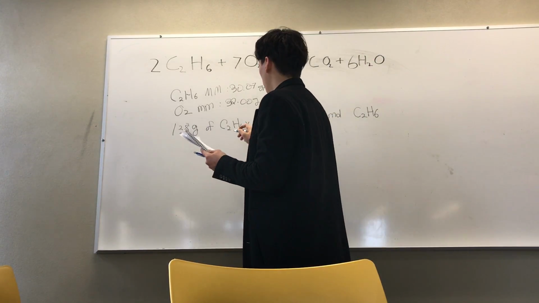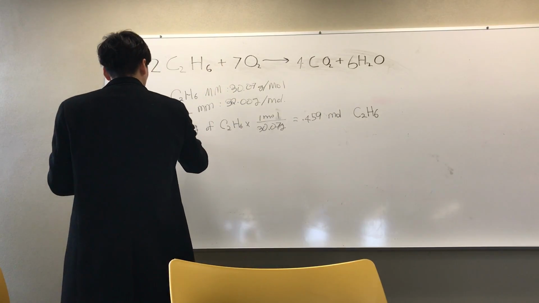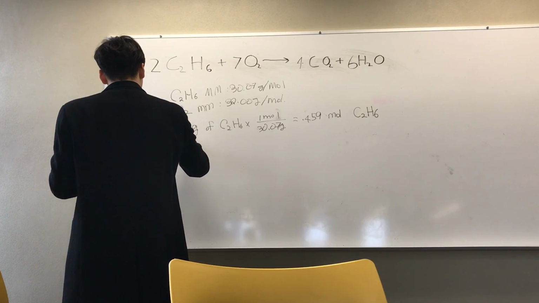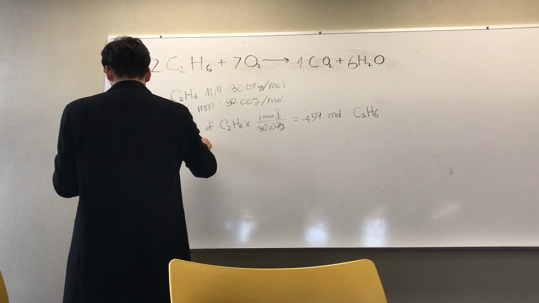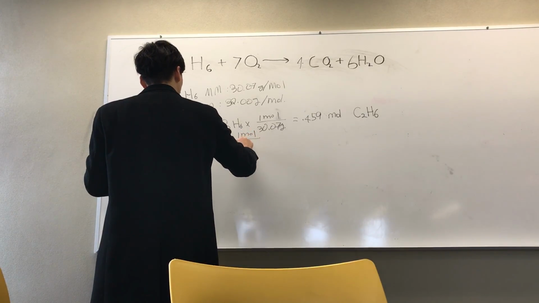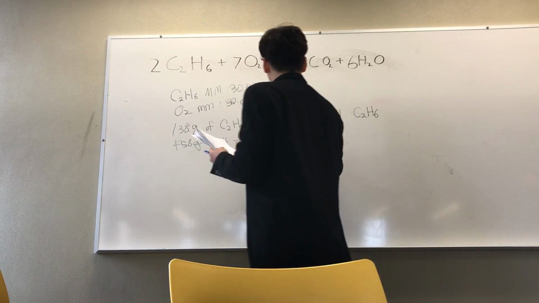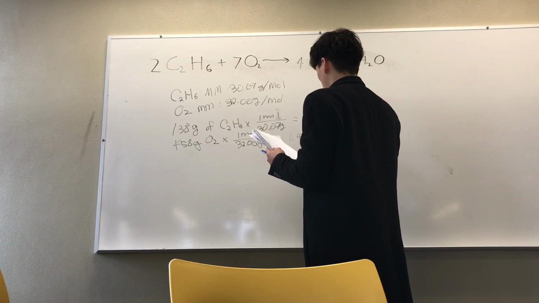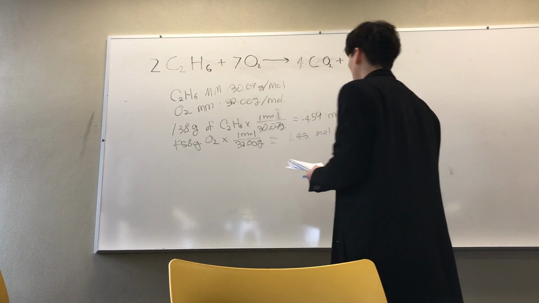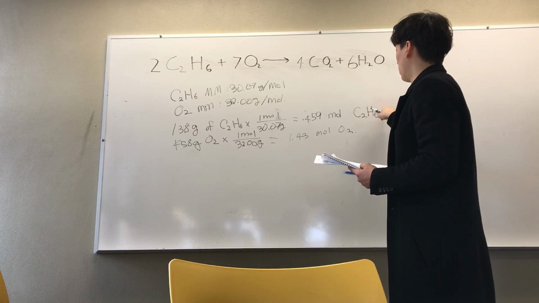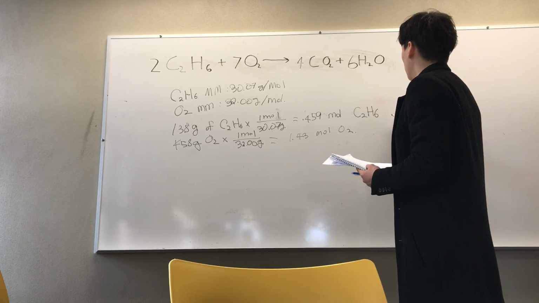And then we need to get the O2 amount, which is 45.8 gram O2 times 1 mole over 32 gram equals 1.43 mole O2.